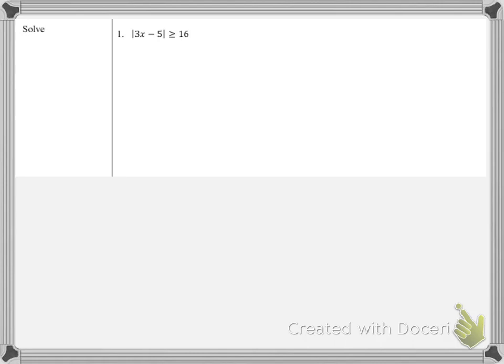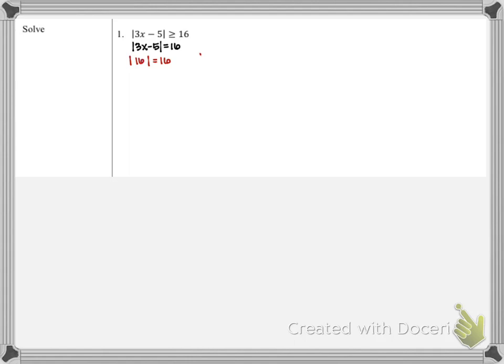So let's find our boundary points. I'm going to turn this into an equation, and I'll come back and deal with the inequality part in just a minute. I'm thinking about that whole inside business. What number is 16 units away? Well, 16. That's one of them.